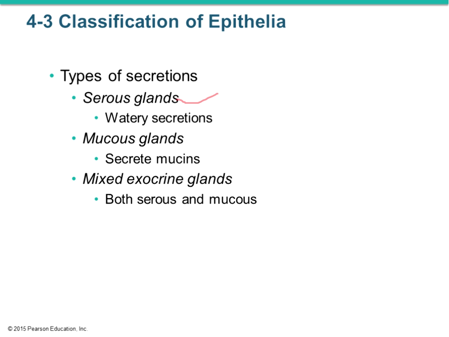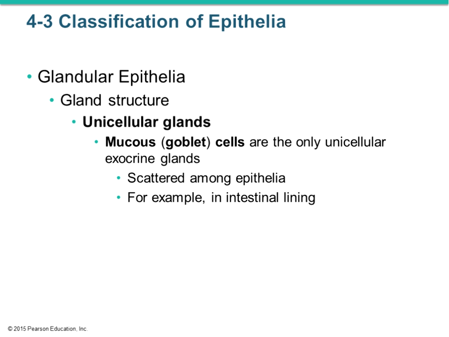Now, as I said, you can also look at the type of secretion. Is it a serous gland or a mucus gland or a mixture of both? We can also look at gland structure, right? As I said, you have some that are more basic, like unicellular glands. Goblet cells, for instance, are the only unicellular glands found in epithelia, right?